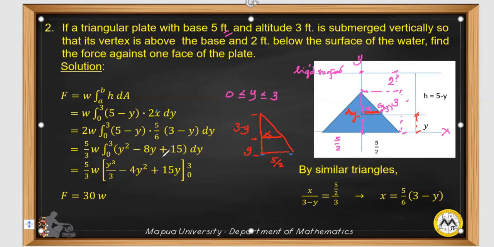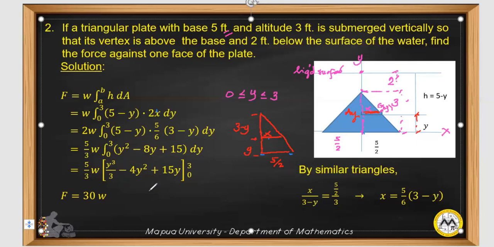Then integrate in y. The integral of y squared dy gives us y cubed over 3, minus 8y. The integral of 8y dy is 8y squared over 2 or 4y squared, and the integral of 15 dy is 15y. Then just evaluate it from the lower limit 0 to the upper limit 3. Of course, the integral is the value at the upper limit 3 minus the value at the lower limit 0, and the value at the lower limit 0 is 0.